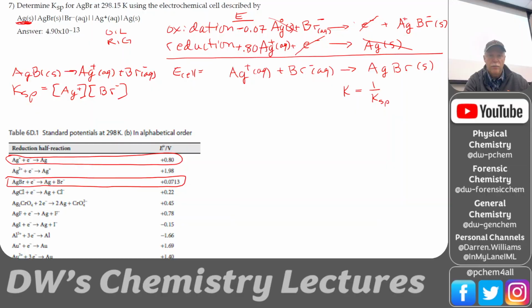Okay, so we got 80 minus 7. So what is that, 73? So it's a plus 0.73 volts. So that's the cell potential for this. If we have 1 molar solutions of silver bromide, that's what the cell potential would produce.